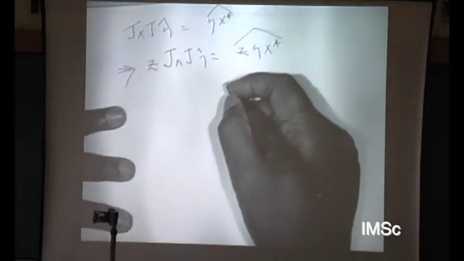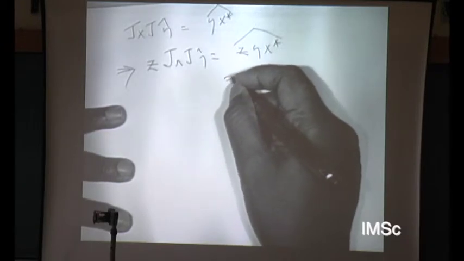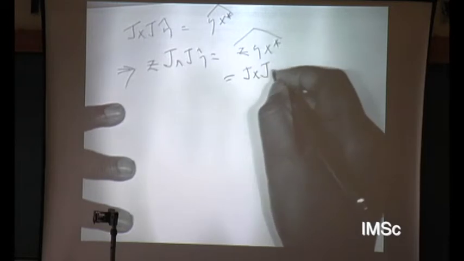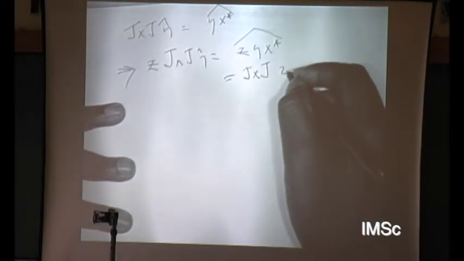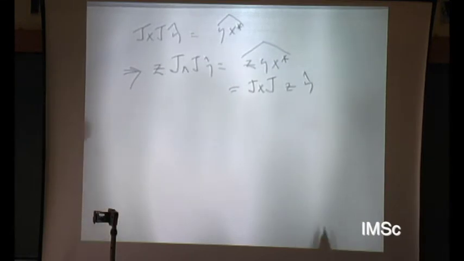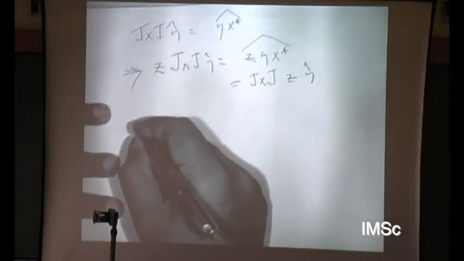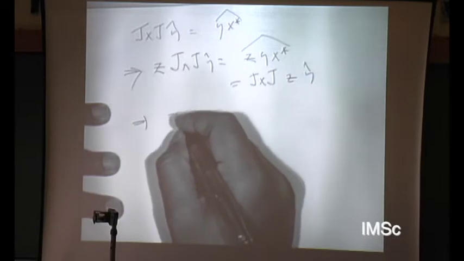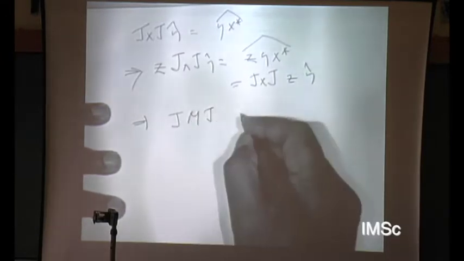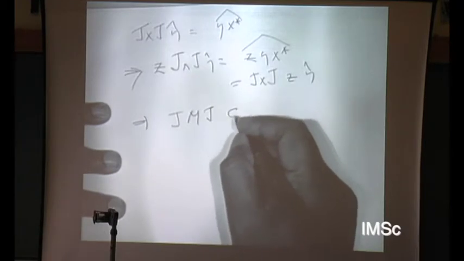So that can be written as saying this is equal to J x J of z y hat. That is that J M J is contained in M prime.